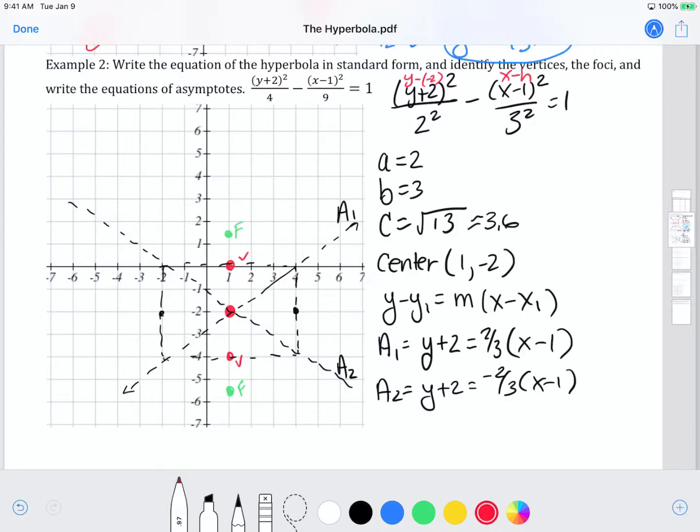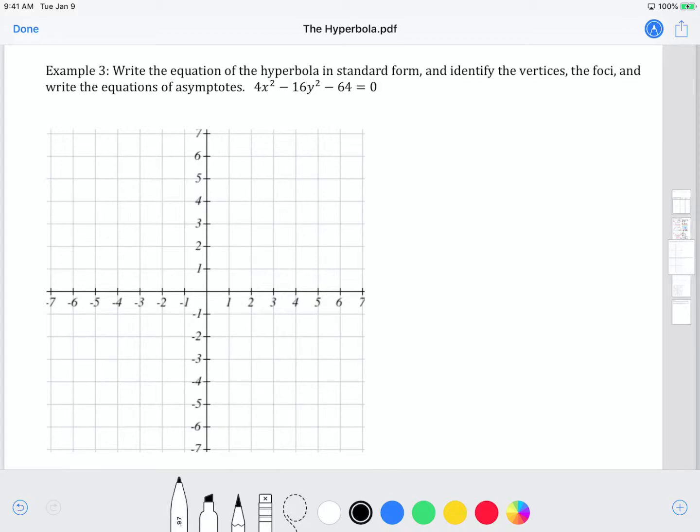Okay, so I have my asymptotes, I have my focus points, I made my box. So now I can open this up and draw my hyperbola. This one's going to open up pretty wide. And there's my hyperbola.